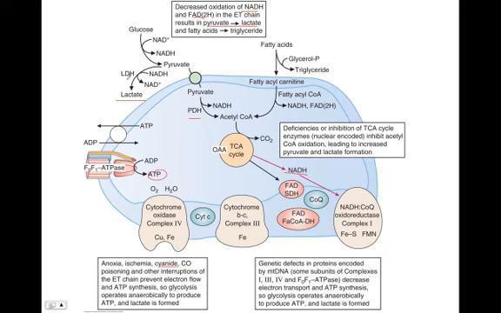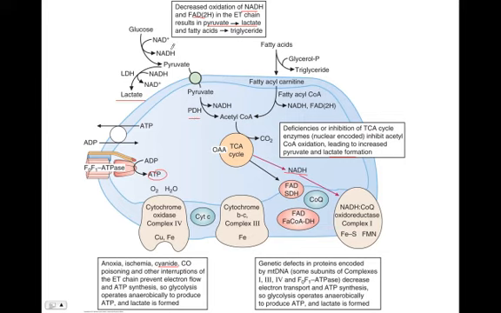An individual can present with lactic acidosis as a result of elevated lactate. Deficiencies of enzymes in the TCA cycle can also contribute to lactate formation. We'll look at a deficiency of the pyruvate dehydrogenase complex in the next slide.